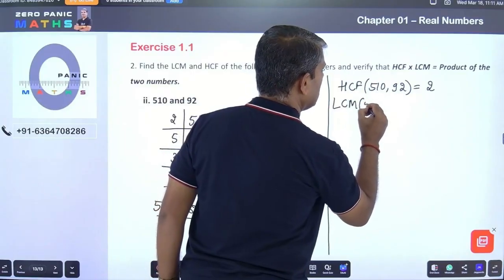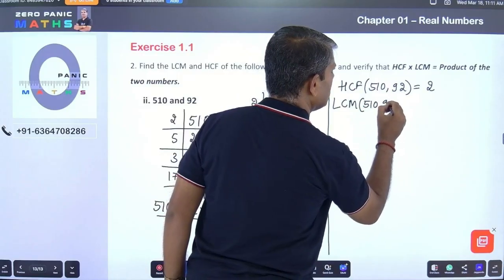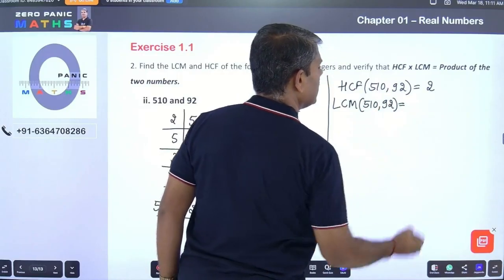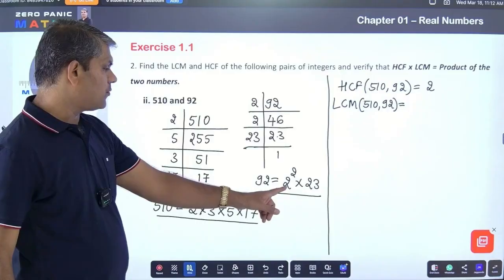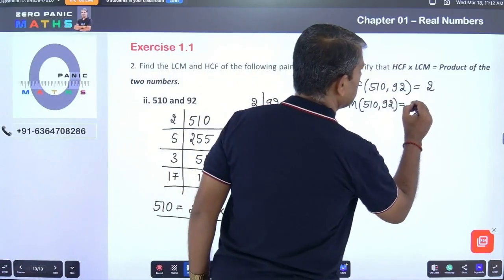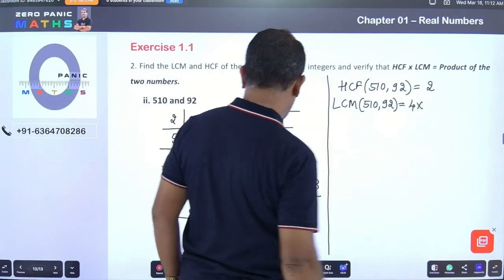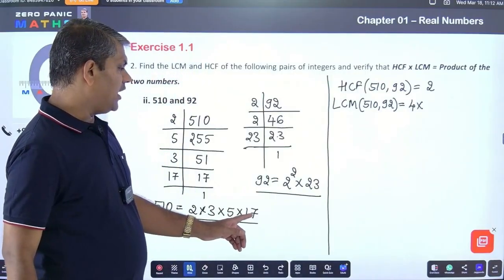LCM of 510 and 92. What is LCM? LCM is all factors with highest powers. The highest power of 2 is 2 to the power of 2, which is 4, multiplied by 3, 5, 17, and 23.